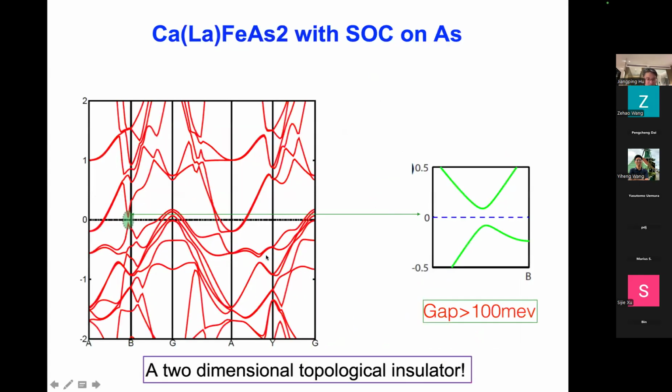And if you put in spin orbit coupling, arsenic actually has a very large spin orbit coupling, and it immediately opens a gap. The Dirac cone opens a gap, and the gap is more than 100 meV. This is actually a very good topological insulator.